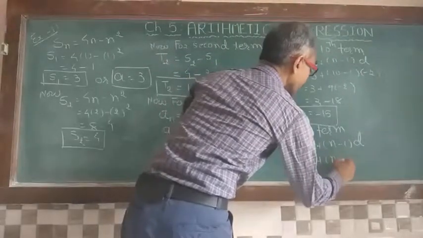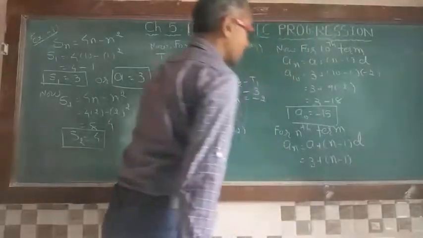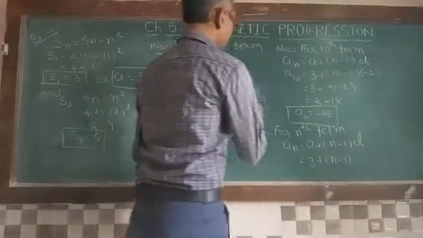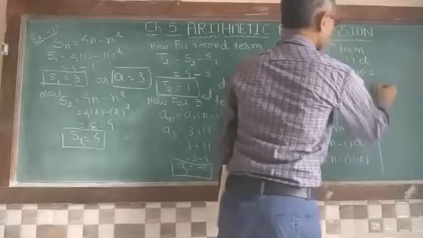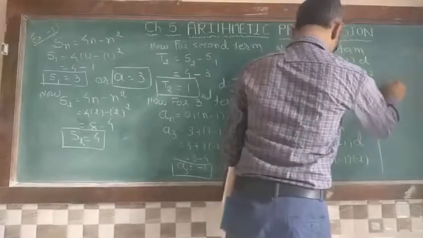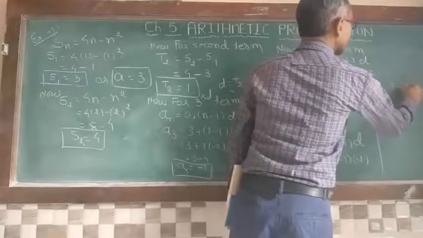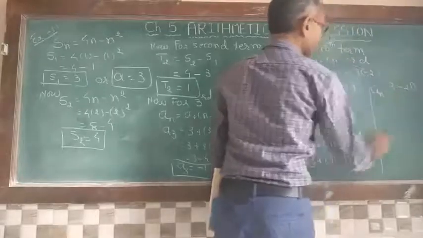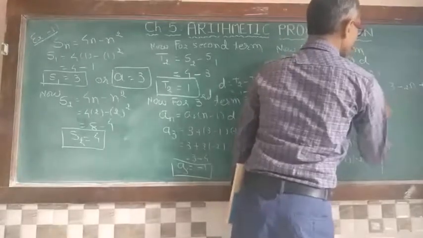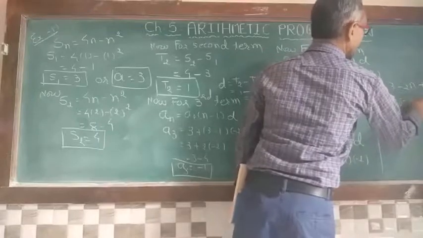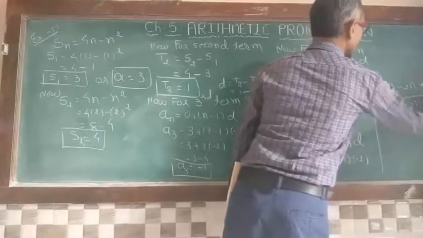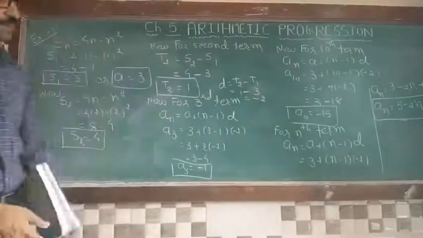You have to find n, that means (n − 1) as usual, and d = −2. So an = 3 − 2n + 2. So an = 3 + 2, that is 5 − 2n. That is your nth term.